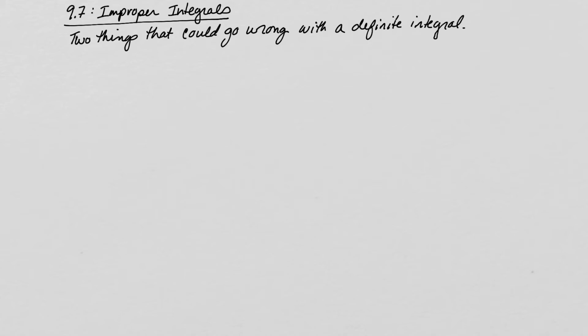If you remember back to Calc 1, a definite integral talks about the area under a curve, right? So one of the things that could go wrong is that one of our limits of integration could end up being plus or minus infinity. Then it's like you're talking about an infinite amount of area, so you're not really sure exactly what's going on.